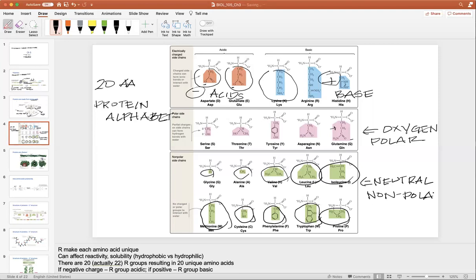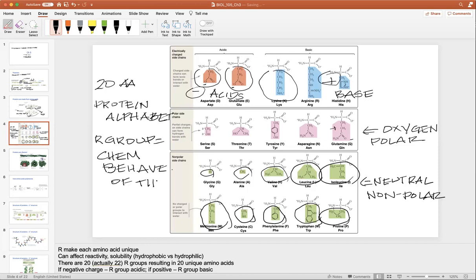Now, why am I telling you all this? The R group is what actually dictates how these behave chemically. So let's write that down. The R group equals the chemical behavior of the amino acid.